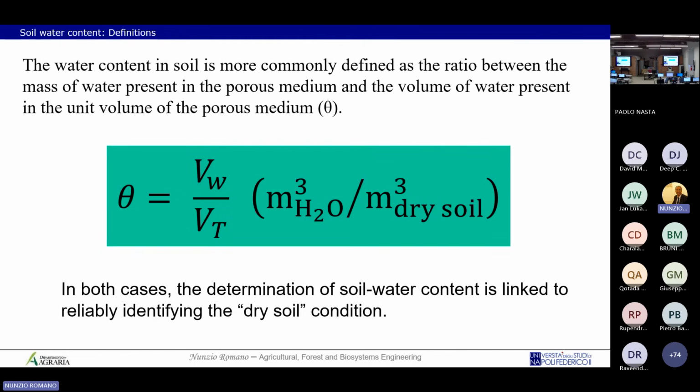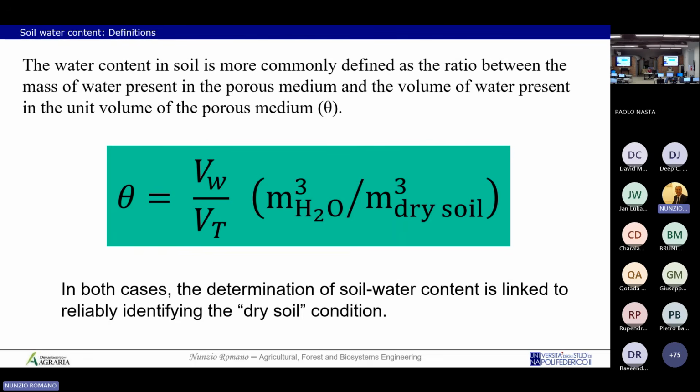This is very important. This is the definition that we usually use when we talk about soil water content. Soil water content means, in most of the cases, the volumetric water content.